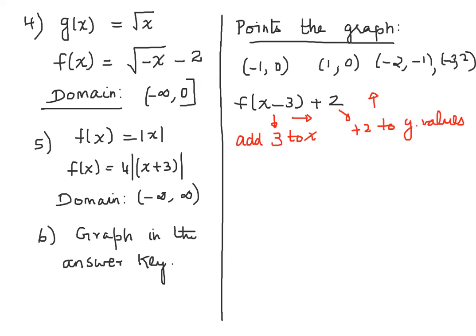So for these points, add 3, so we get 2, comma 2, then 4, comma 2, then we get 1, comma 1, and then we get 0, comma 4.